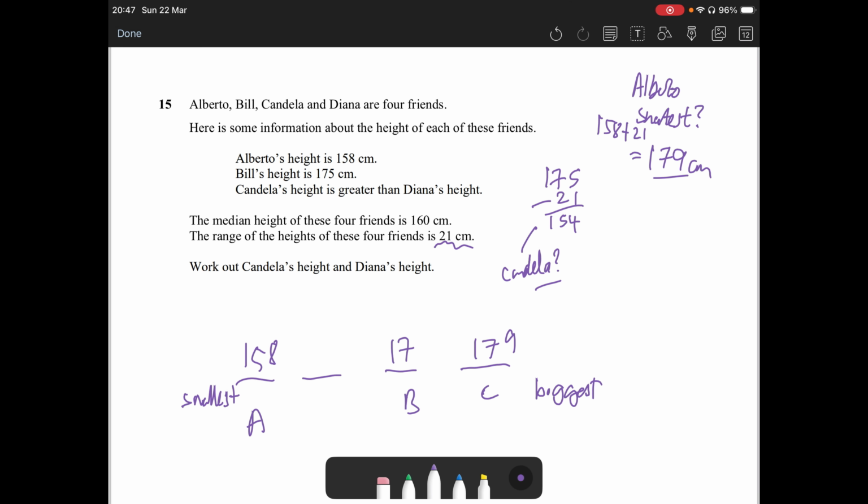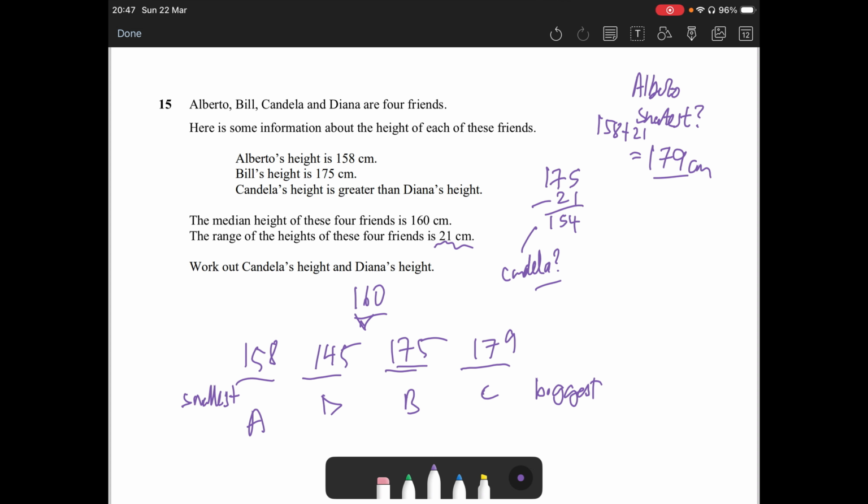Bill's 175. Now, this means Diana, in order for the median to be 160, has to be halfway between 175 and some other number. So for 160 to 175, that's 15 going up, the other one has to be 15 going down. That would make this 145 for it to work.